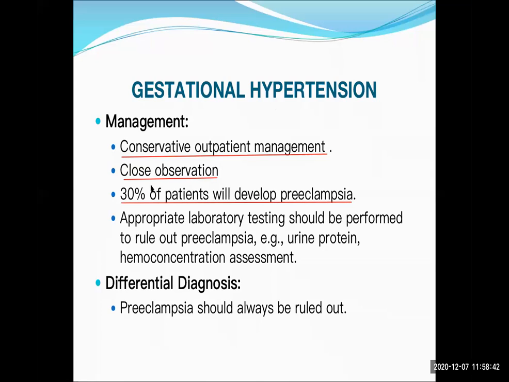For this reason also, close observation is necessary. Appropriate lab testing should be performed to rule out preeclampsia. Otherwise, for the diagnosis of gestational hypertension itself, we don't need any other investigation. Regarding the differential diagnosis, preeclampsia is the strong differential diagnosis which should always be ruled out.